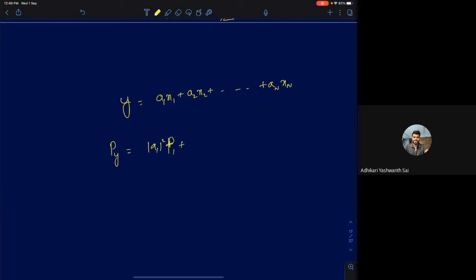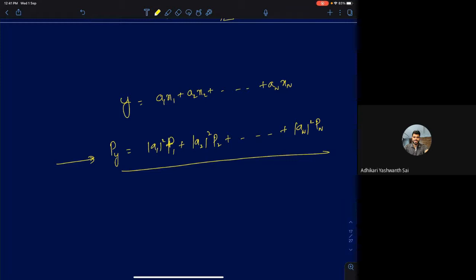If they are complex numbers, it's not difficult to show; you can easily show this result. Mod of a2 square p2 plus mod of an square pn. The power of your total signal will be a linear sum of individual powers multiplied by the squared magnitude of the scaling factor.